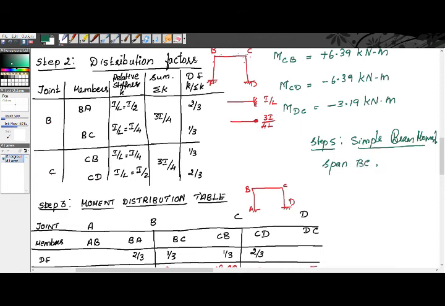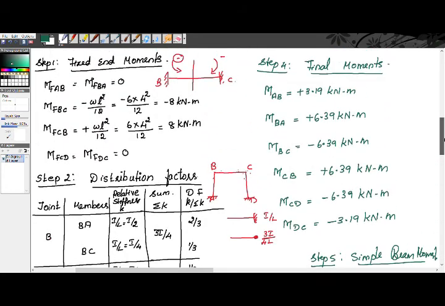For the span BC, there is a UDL of 6 kilonewton per meter. So our simple beam moment M max will be equal to WL square by 8. So it is 6 into 4 square divided by 8. We get 12 kilonewton meter. So, with this, we will draw our bending moment diagram and deflection diagram.